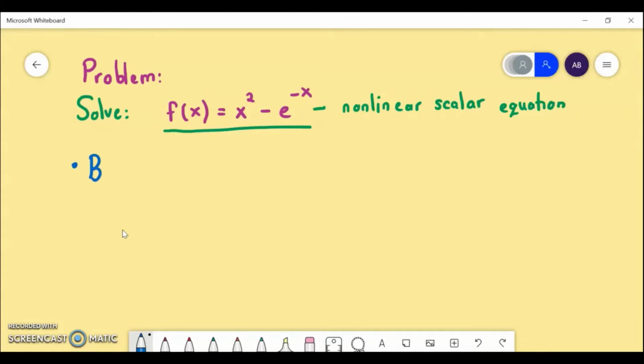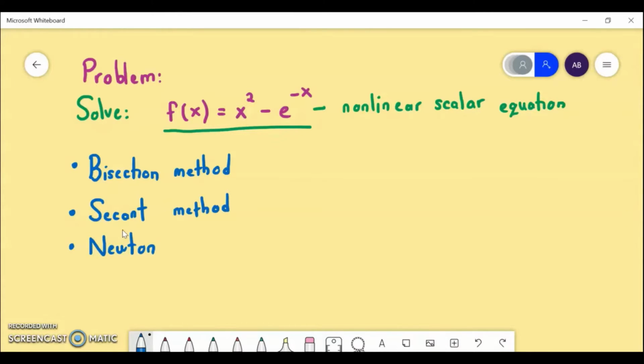The first one we call the bisection method. The second one is the secant method. And the last one, anybody want to guess? Yes, it's Newton's method.